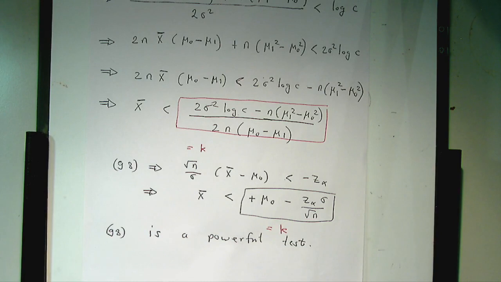In other words, the rejection rule was obtained by means of the NP lemma, and therefore it must be a most powerful test. Or in other words, the power function based on this must be most powerful in the sense of NP lemma, right? Is that clear or not? Does it make sense? No? Is it too many words?